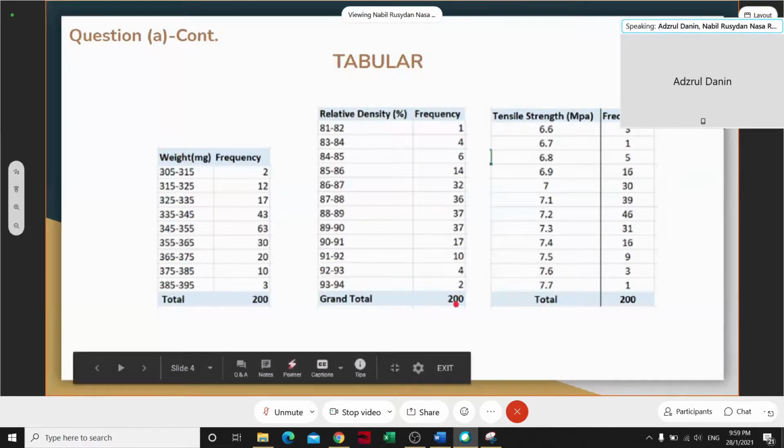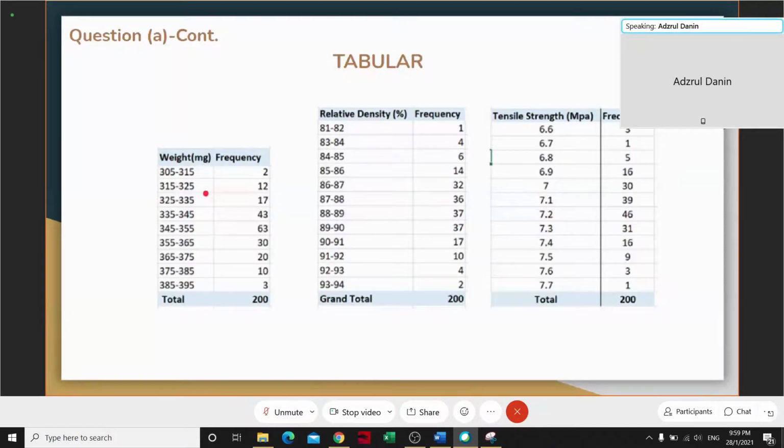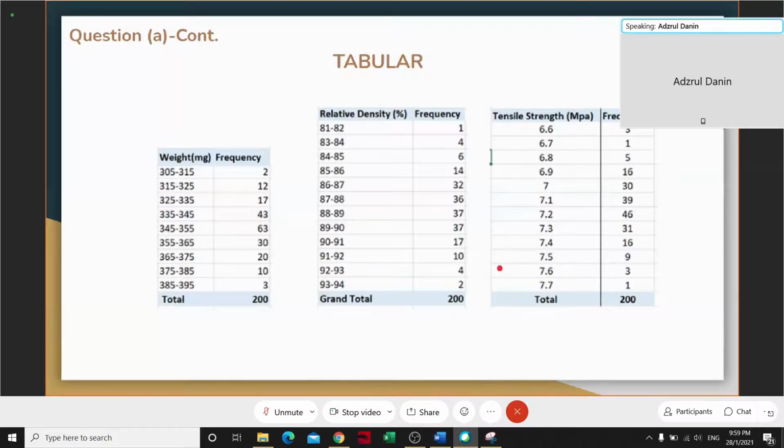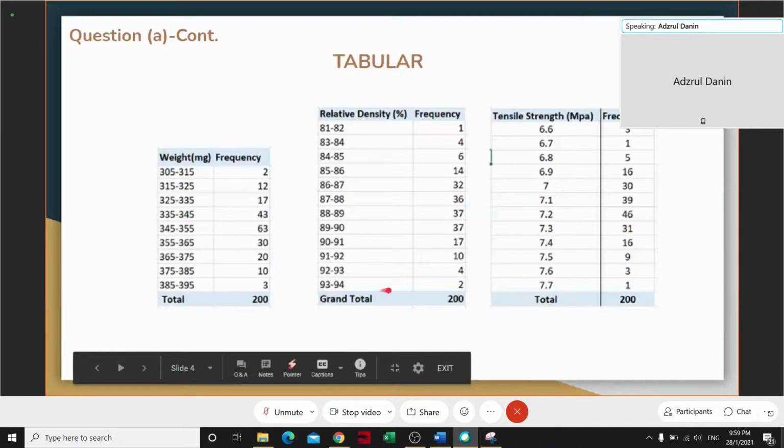For the weight, we have made intervals of 10, from 305 to 315 milligram for each interval. We can see here the frequency starting from 2, 12, 17, and going through to a total of 200. The same applies for the relative density and also for the tensile strength.